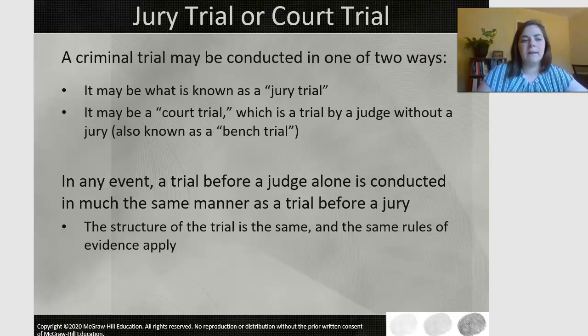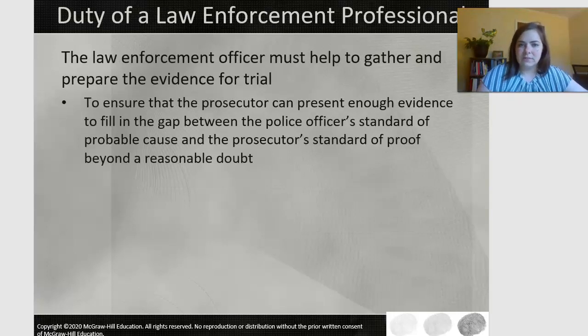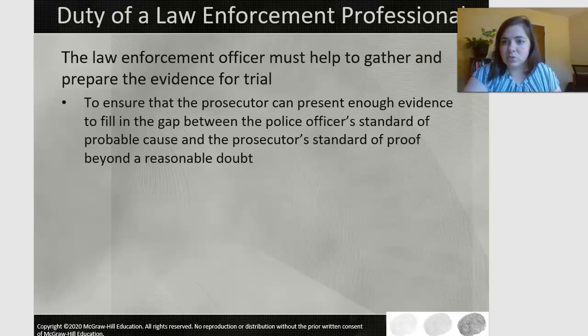For a law enforcement officer, one of their main jobs getting ready for trial is to gather the evidence and prepare it for trial. And remember back to last chapter, the chain of custody is a really important part of law enforcement duty. They need to be able to tell the judge or the jury how they took care of the evidence.